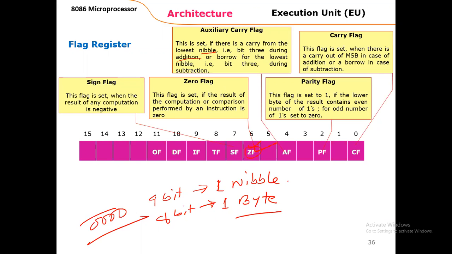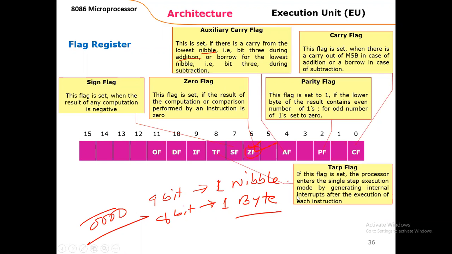Then another, the trap flag, then the interrupt flag. Trap flag is the processing part, a single step execution mode. It generates an internal interrupt after the execution of each instruction.